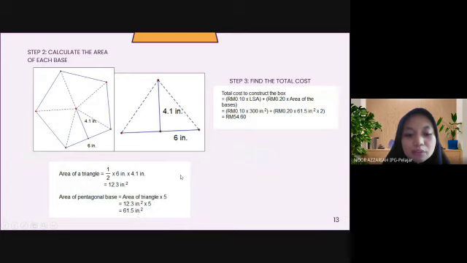And then after we get the LSA and also the area of the pentagonal base, we can find the total cost to construct the box, which is 10 cents times LSA plus 20 cents times the area of the bases. And we get the answer, which is 54 ringgit 60 cents.